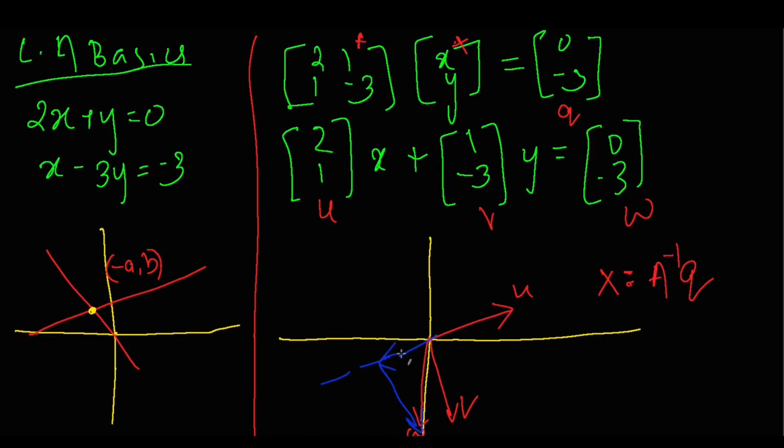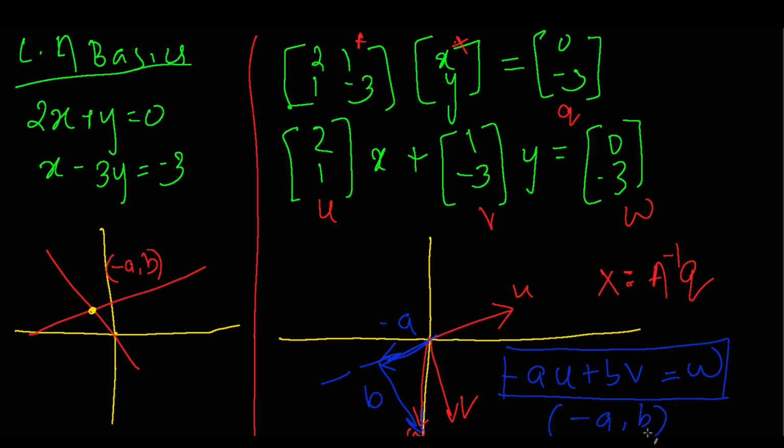So this will be -a, this will be b, so w can be achieved by linearly combining u and v in this manner. Here the solution is (-a, b).